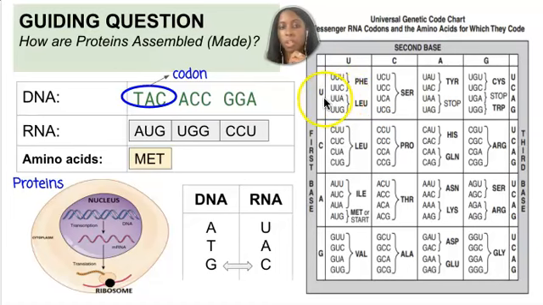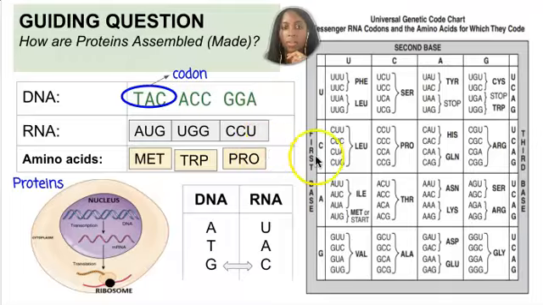So first base is U, second base is G, and then our third base is G. We know that means this amino acid is TRP. Next, we have the CCU, and I already did it for you. So C, go over to another C, and we have PRO here.